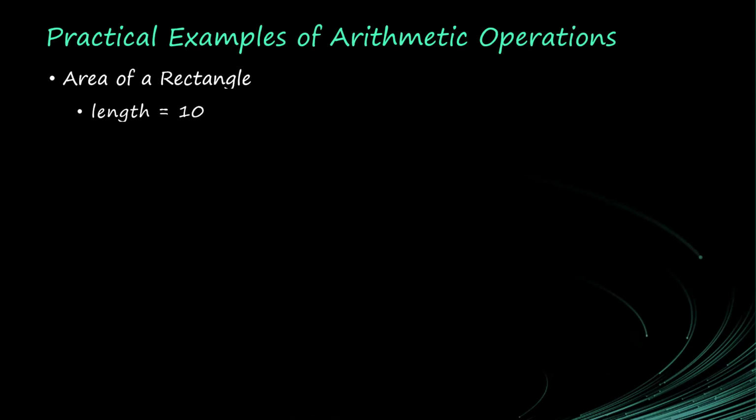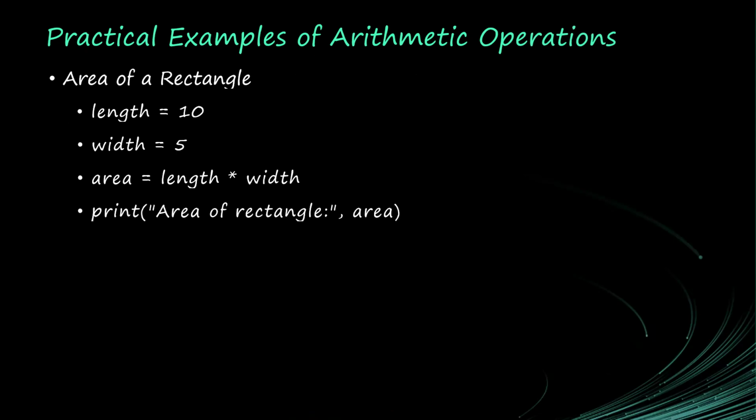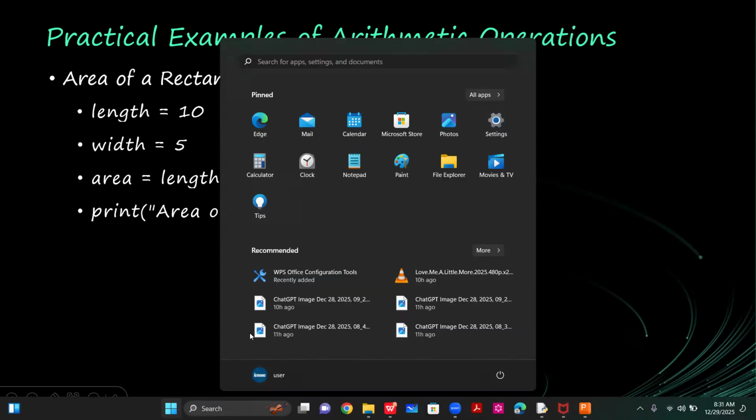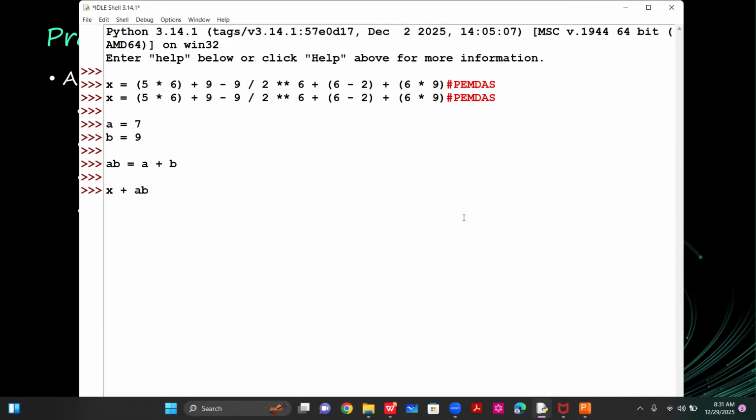So let's do some practical examples. If you want to find the area of a rectangle, first of all, you will need the length and the width, then area is length times width, right? Length times width will give you the area. So let's assume that we want to calculate the area of a rectangle.